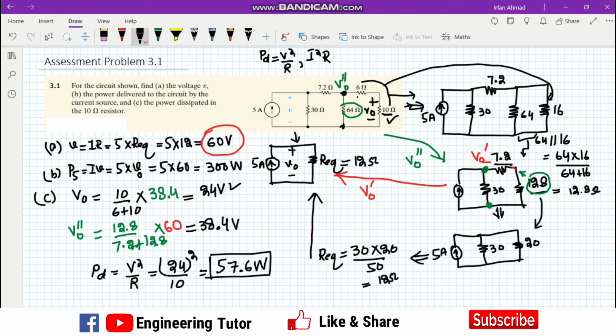So in this overall question, the overall idea of this question was to find out the equivalent resistance from a circuit in which many resistances are connected in series or parallel combination.